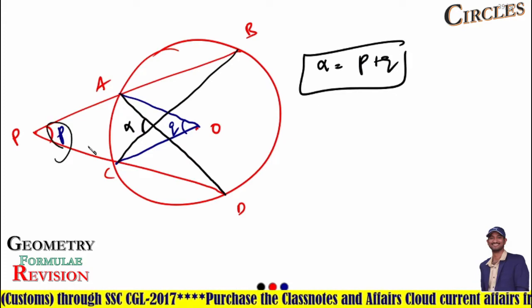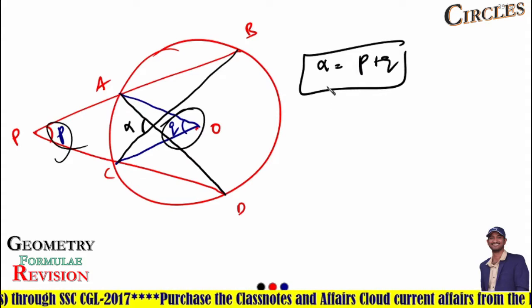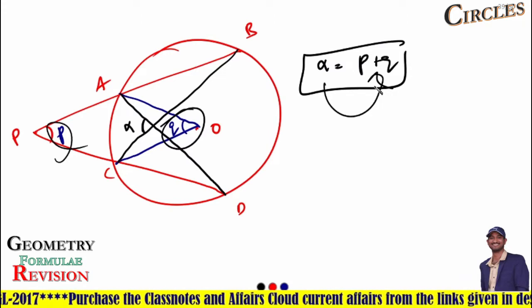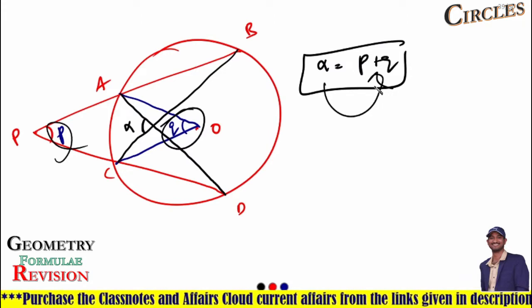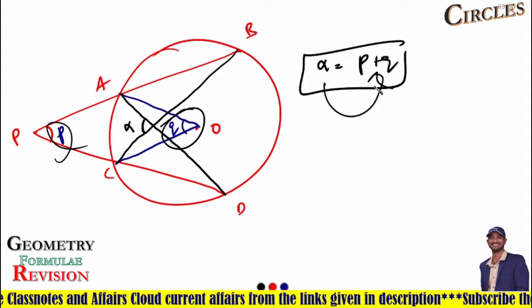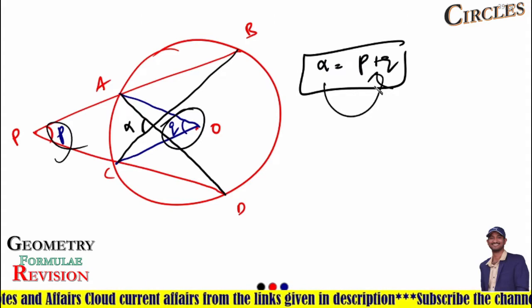Out of these three variables, two are given and you have to find the other variable. These are some basic and main important properties with models in circles, chords, tangents and secants.